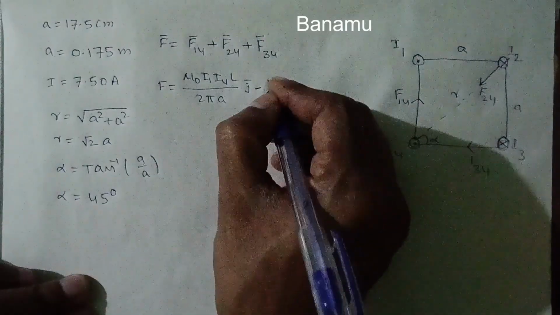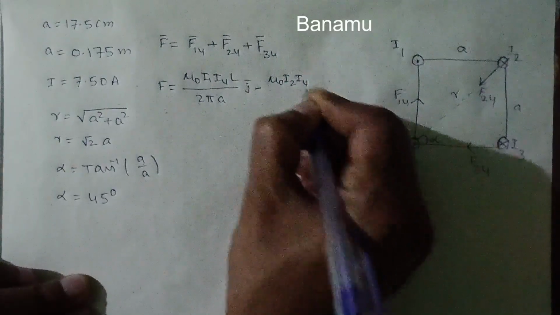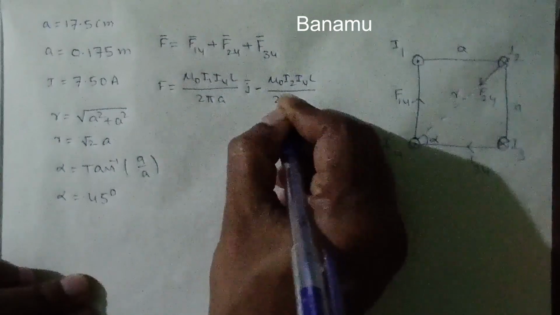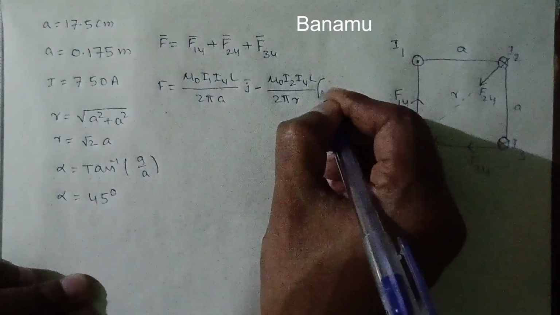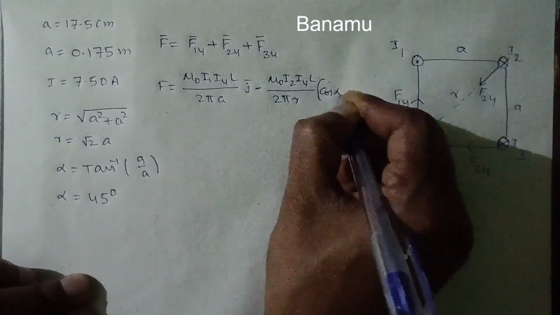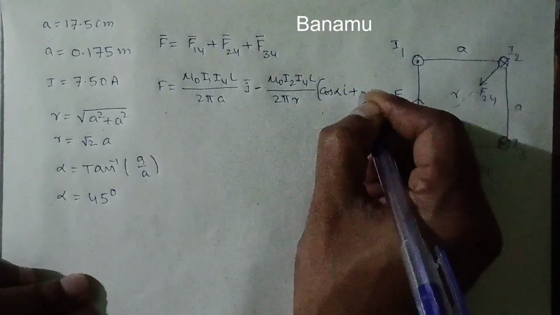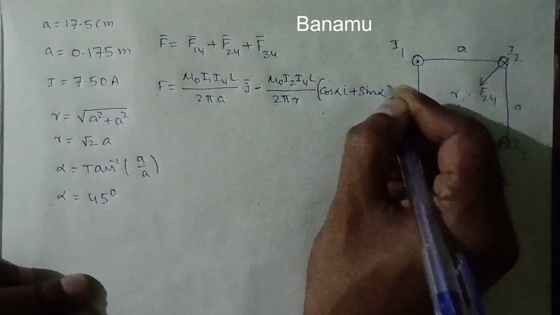The value is mu naught I2 I4 L by 2 pi R, where the distance is R, into cos alpha i bar plus sin alpha j bar.